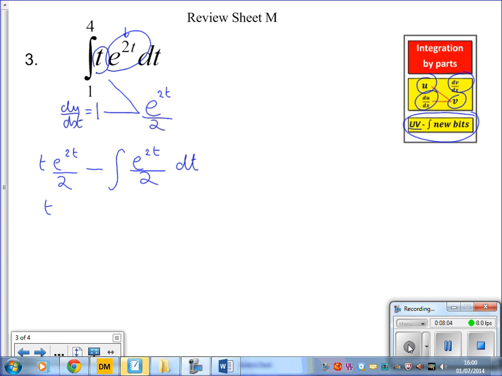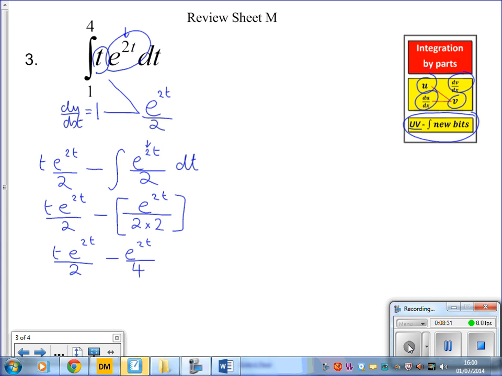This part then, I'm just going to leave the same for now. Take away, and if I integrate that, I get e to the 2t. It's already over 2, but remember I still need to divide by this 2 also. So if I just tidy that bit up, e to the 2t all over 2, take away e to the 2t, and that's over 4.